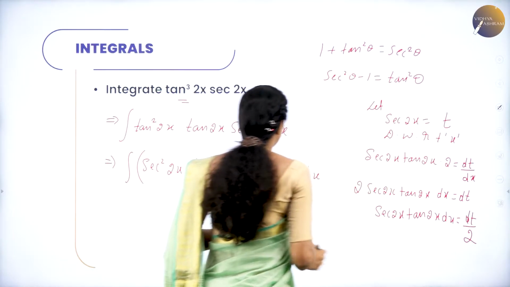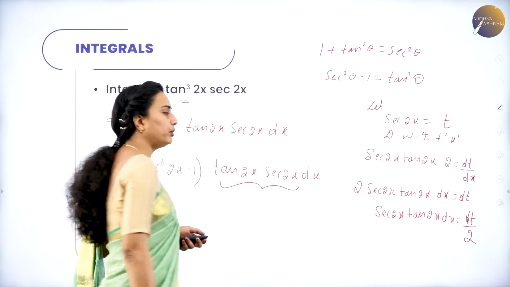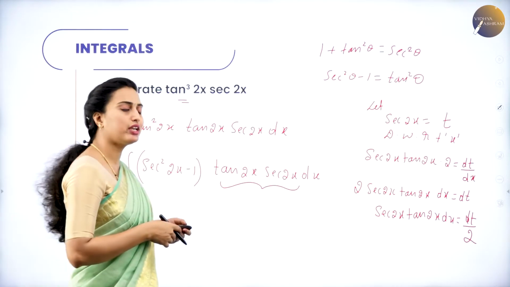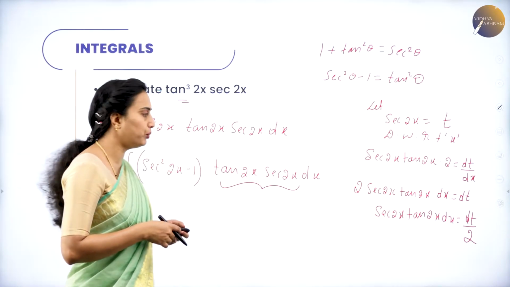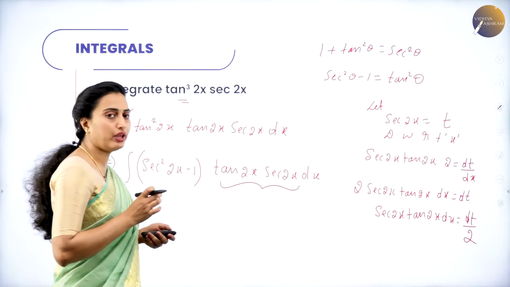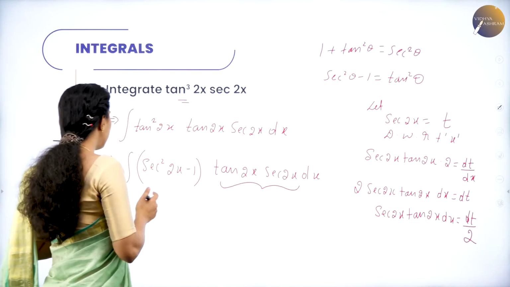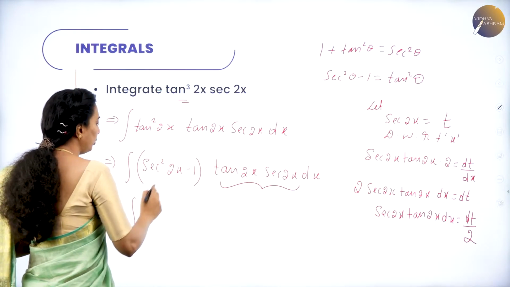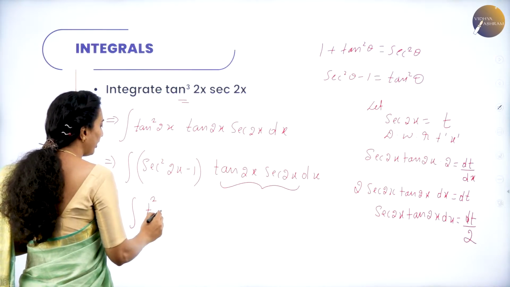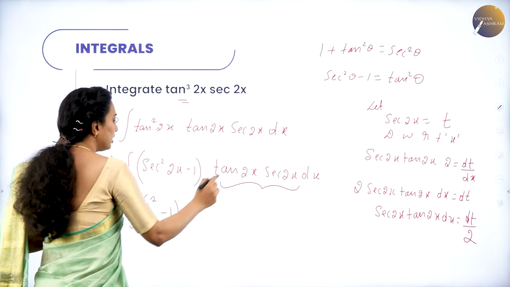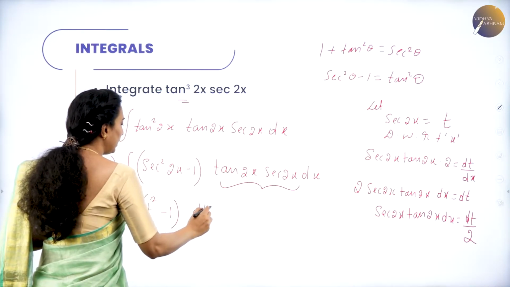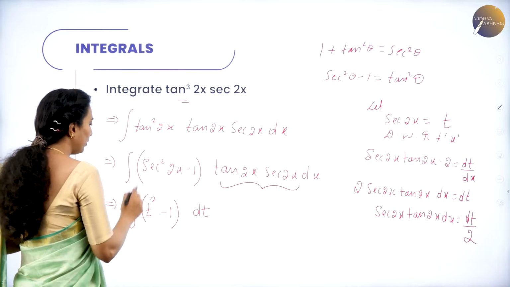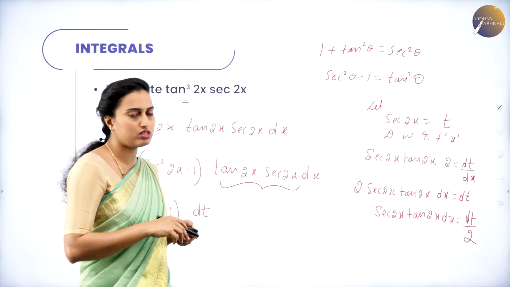Now, substituting secant 2x into tan 2x into dx as dt by 2 and substituting secant 2x as t, what happens to this integral? Secant squared 2x we know is t squared minus 1, into dt divided by 2. 1 by 2 I am going to take outside the integral since it is a constant.